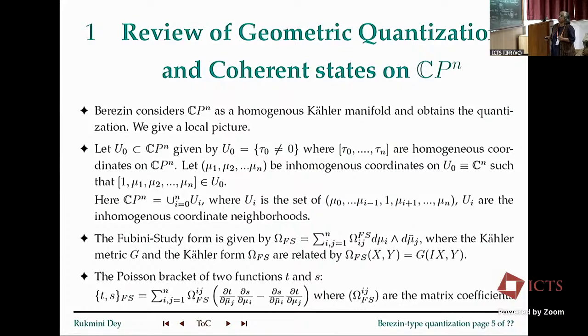So in this setup, CPN is the union of Ui, i from 0 to n, and the Fubini-Study form is given by this. I will restrict everything to U0, but that's not the only possibility. And the Fubini-Study Poisson bracket is given by this.